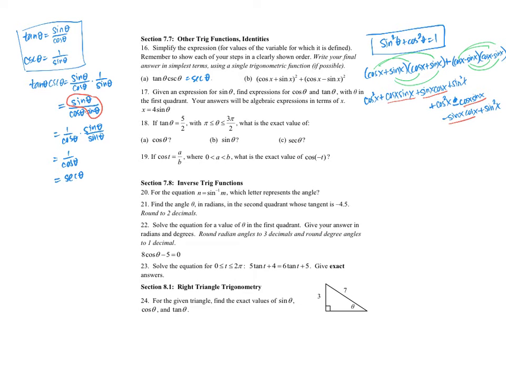So this is all equal to cosine squared plus sine squared, plus another cosine squared plus sine squared. Okay, and then I know this here is equal to 1, and this here is equal to 1. And so what I'm left with is 1 plus 1, which is 2. That simplifies all the way down to 2.